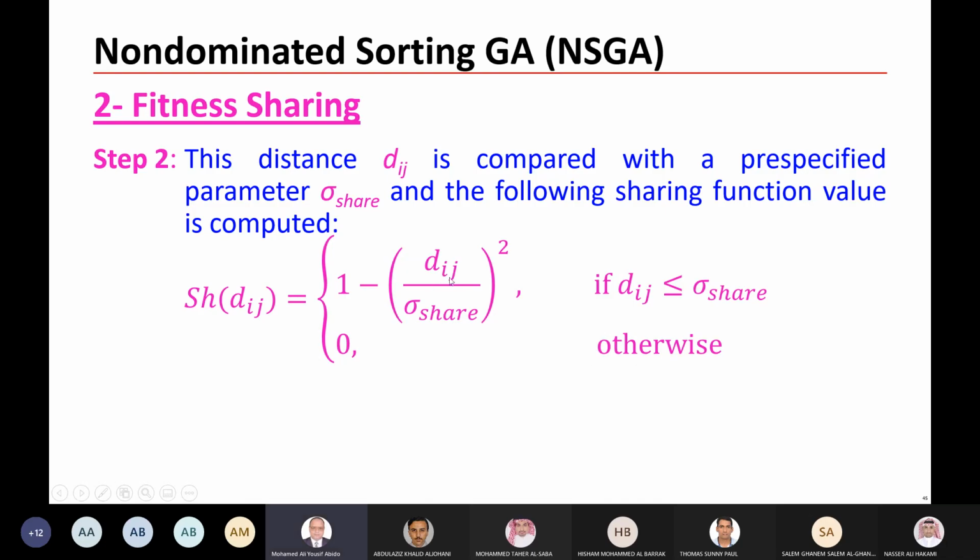If i equals j, if we have the same solution, the distance becomes 0, and the sharing for the solution becomes 1, and this is the minimum sharing for each solution. It is 1.